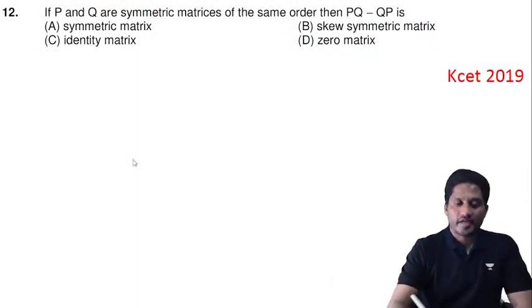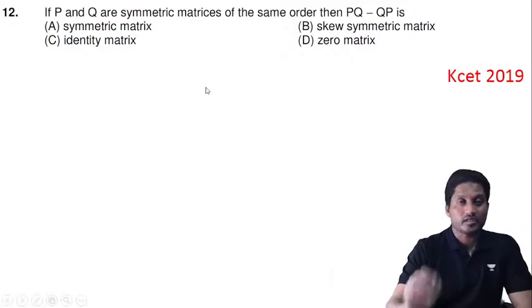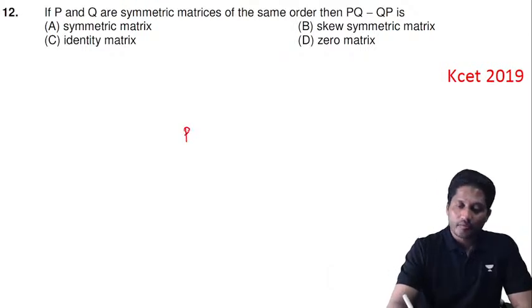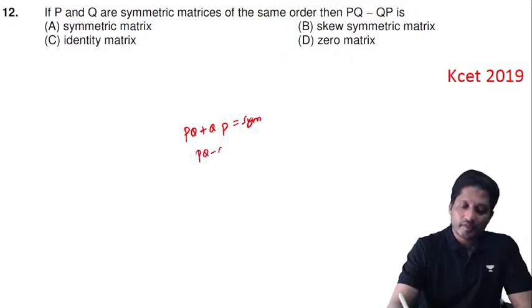See, if P and Q are symmetric matrices of same order, it's a standard result that PQ plus QP is always symmetric, and PQ minus QP is always skew symmetric.